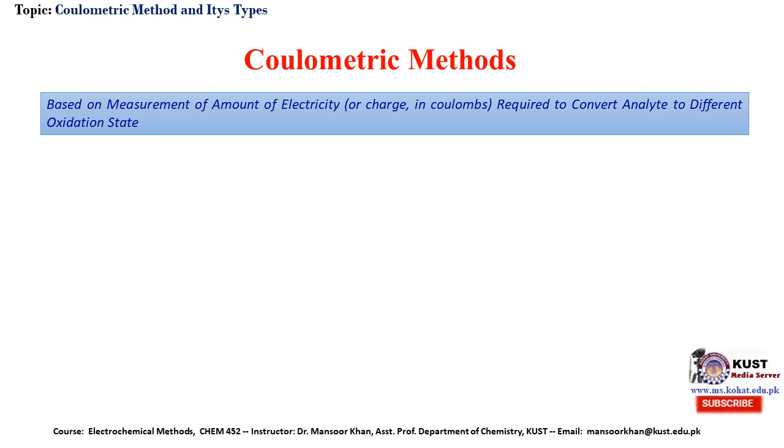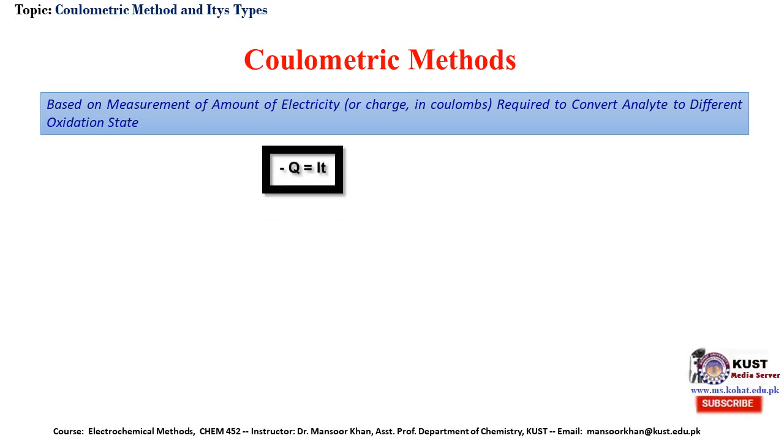If we convert an analyte from one oxidation state into another, it will need electricity. An amount of energy will be required. So the amount of electricity is directly proportional to the amount of analyte converted into the other oxidation state. This is basically the basis for the coulometric method.